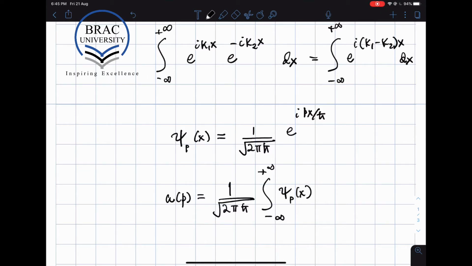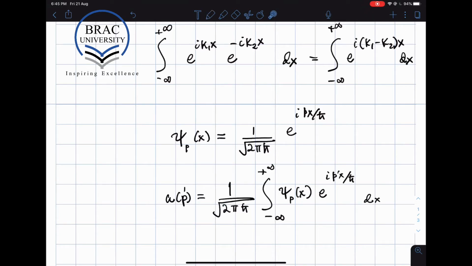I should use a different symbol here, because I'm using p, so p prime, say. And here I have e to the power i p prime x over h bar dx.